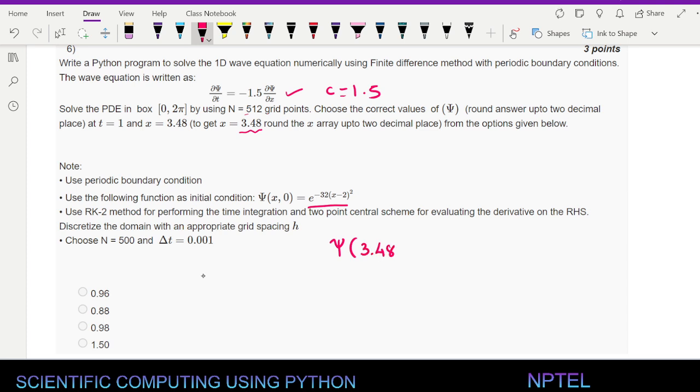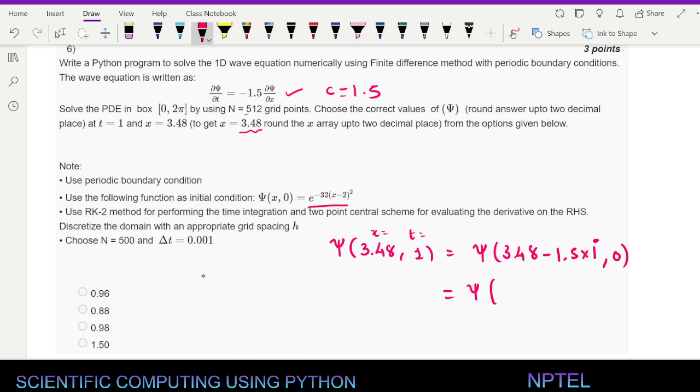3.48. This is your x at t is equal to 1, which is psi of 3.48 minus c, which is 1.5 into 1, comma 0, right?